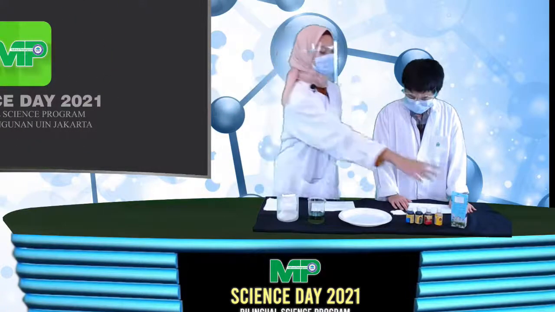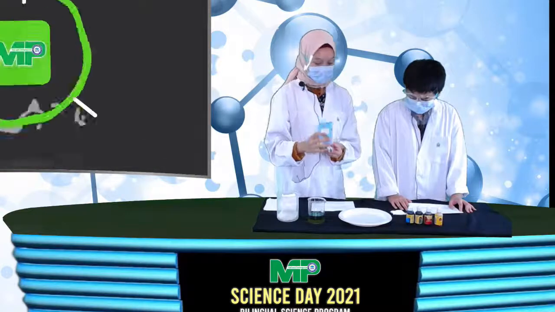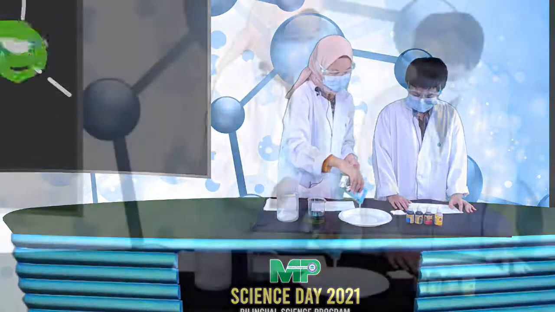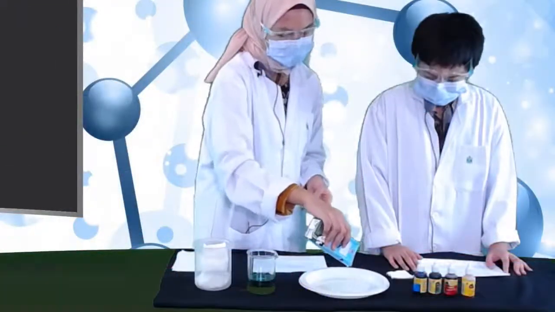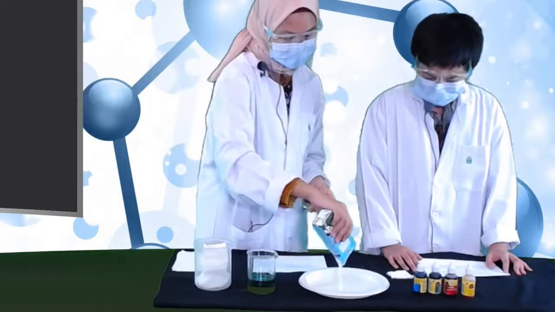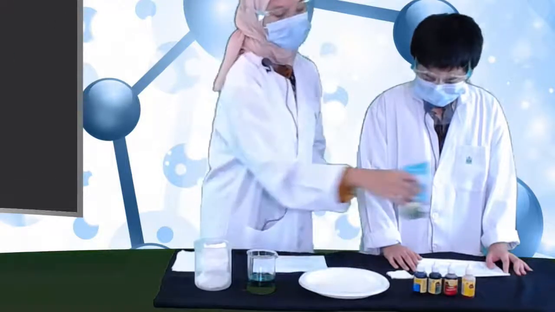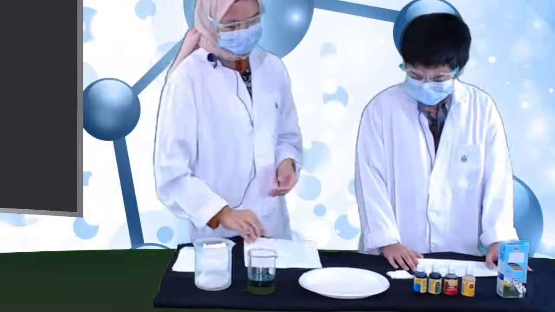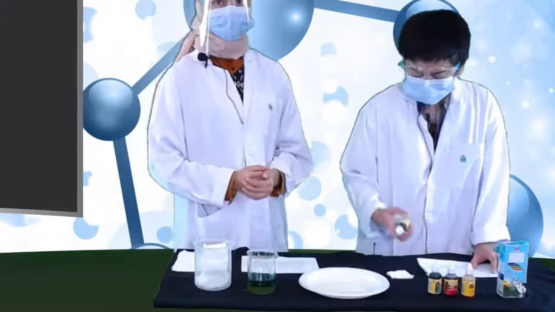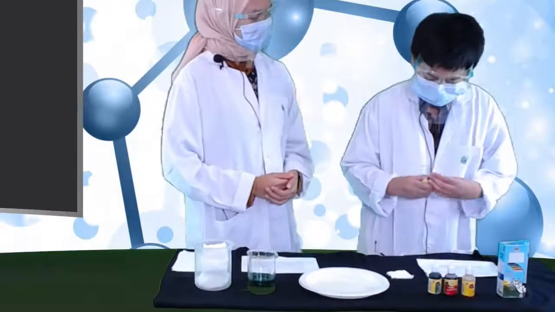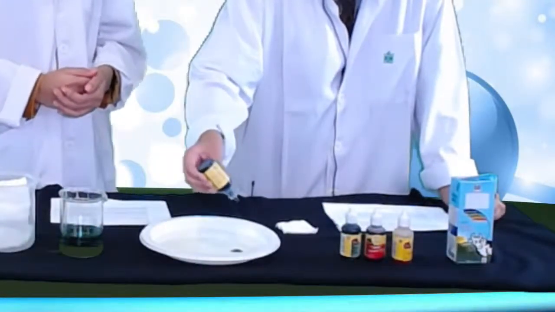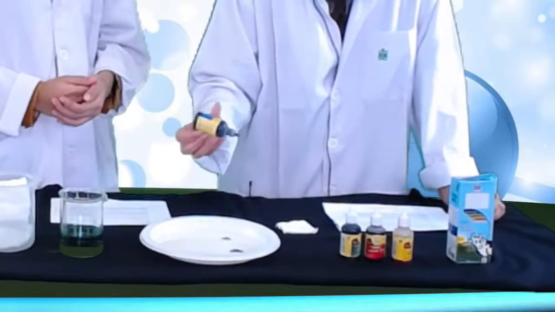First of all, get your fresh milk and pour it to the container. Oh, this is a little hard. Okay, I think this is enough. Next, drop enough food coloring on the fresh milk. Drop 3 times. 1, 2, and 3.